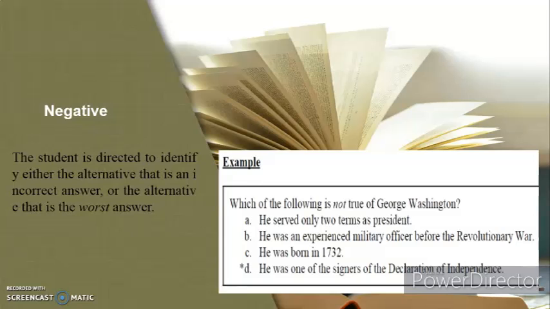As we see in the example here, which of the following is not true of George Washington? Here, the word not should be italic, because in a negative question we should emphasize the word not by italic.